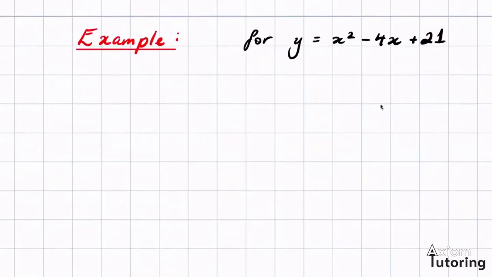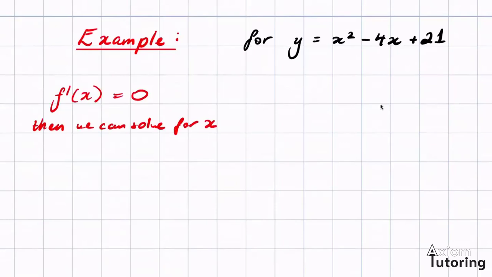So for y equals x squared minus 4x plus 21, you should recognize that as a quadratic function. To find the stationary point of this, we want f dash of x equal to 0, and then we can solve for x to find the x-coordinates, and then substitute those back into our function to find the corresponding y-coordinate.